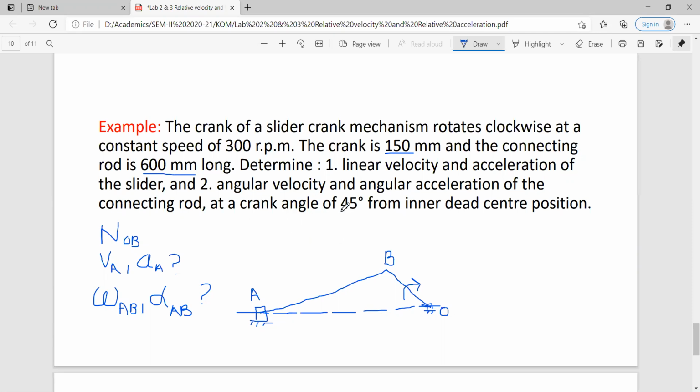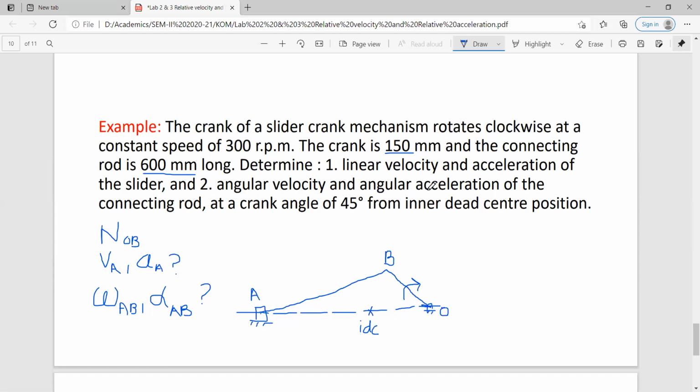The crank is at an angle of 45 degrees from the inner dead center position. When OB and AB are in a straight line, such that B is in between the O and A points, that position is called the inner dead center, the IDC position of the crank.